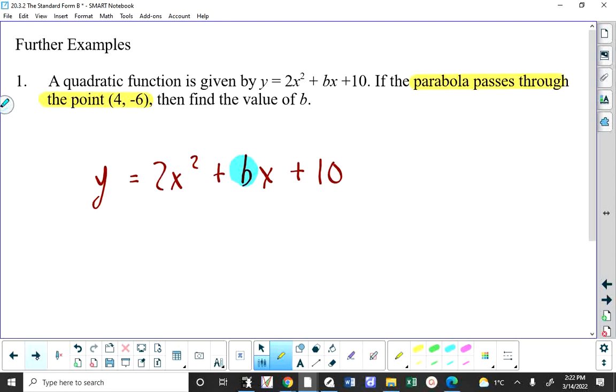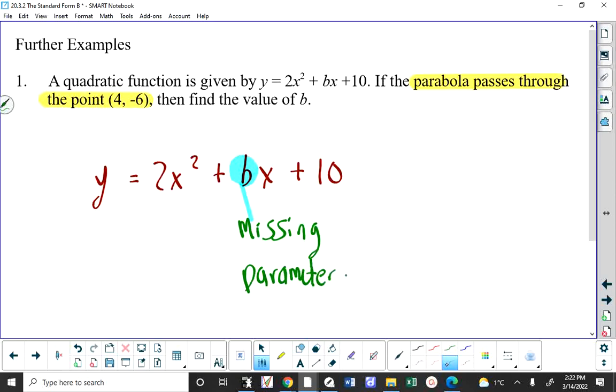Okay. Well, what this is, is a missing parameter. How many of you didn't know how to find B a minute ago, but now you do? Okay.